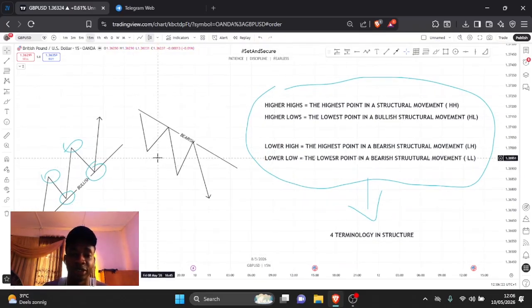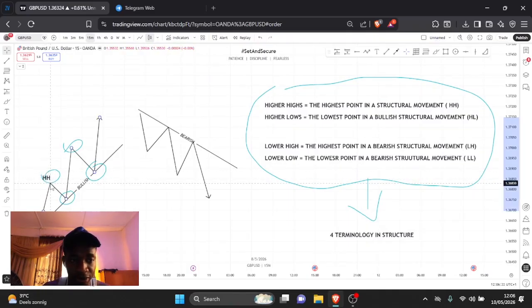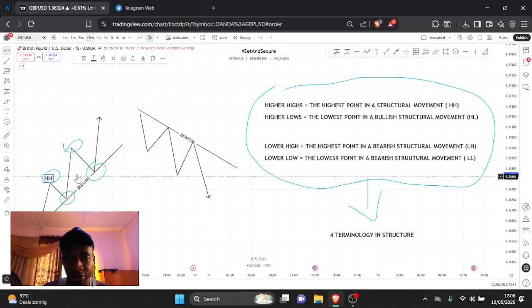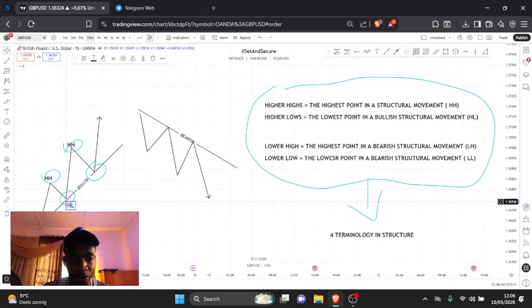So instead of typing it out, we use HH, which stands for higher highs, and the duplicate is also higher high. Then I'm going to use HL for the lowest part. Right, now that is for uptrend, bullish movement.